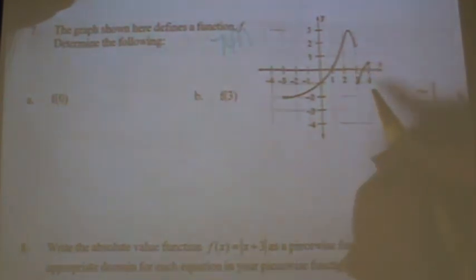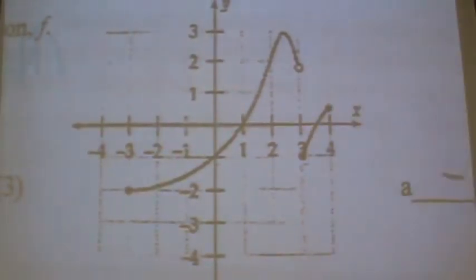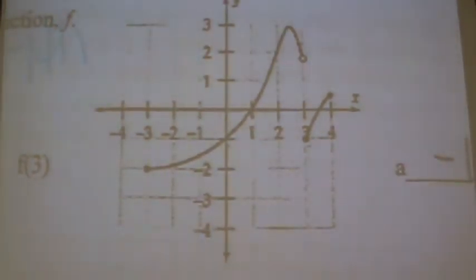Input 3, output -1. Now, why isn't it this number right here? Because, and you probably can't see it unless I zoom in, that's an open circle. And an open circle means not including that point.